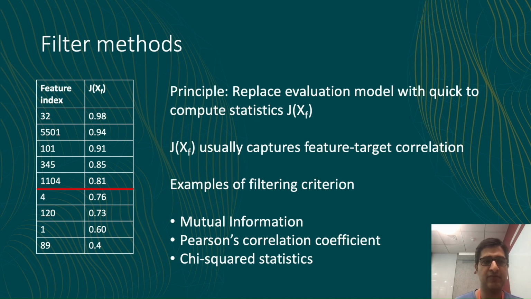Let's say in this particular case you had a budget of 5 features, then you select the top 5 features according to the goodness of feature metric. Some of the goodness of feature metrics that tend to be popular are things like mutual information, Pearson's correlation coefficient, or a chi-square statistic, and they give you good estimates of which features are predictive in the final model.